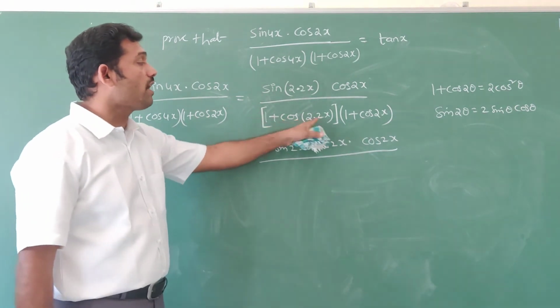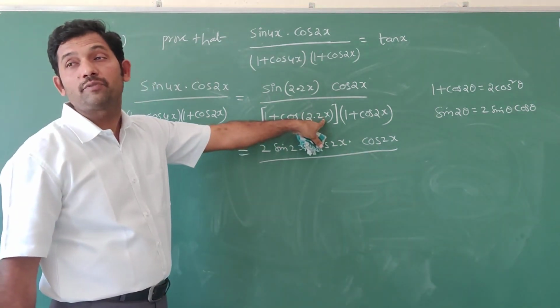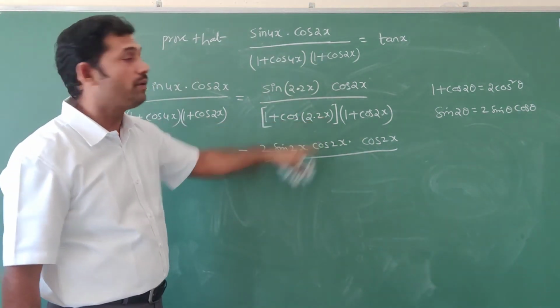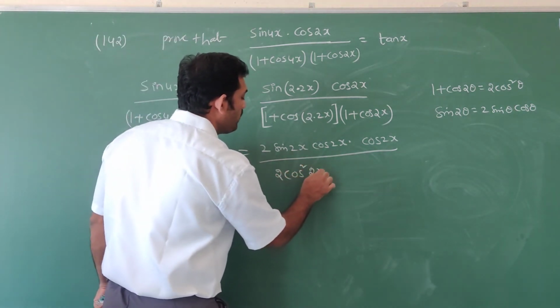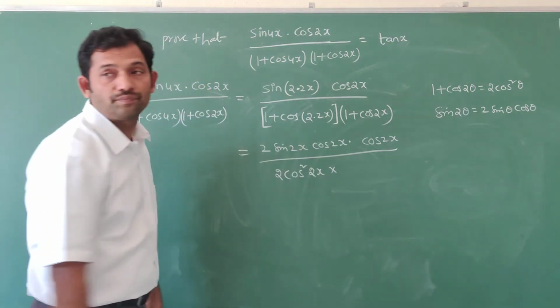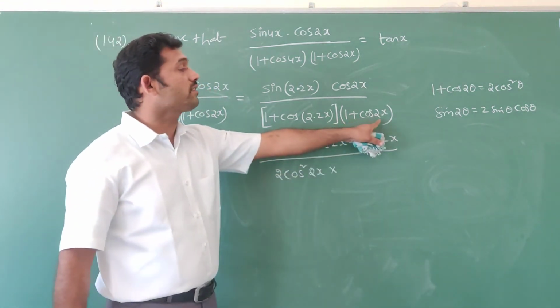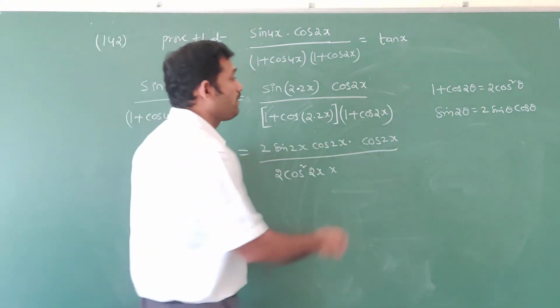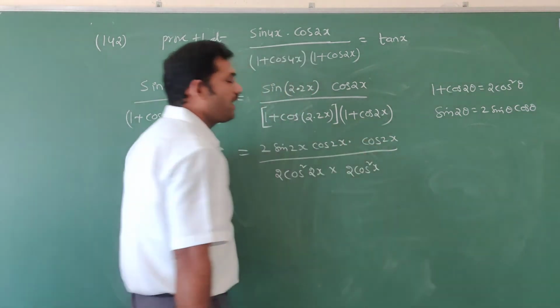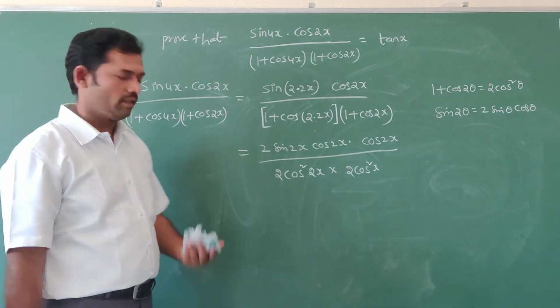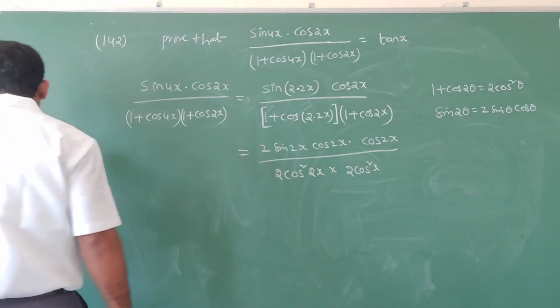1 plus cos 2 theta, where theta is 2x. What happens? 2 cos square 2x. And for 1 plus cos 2x, what is our formula? 2 cos square x, as it is.